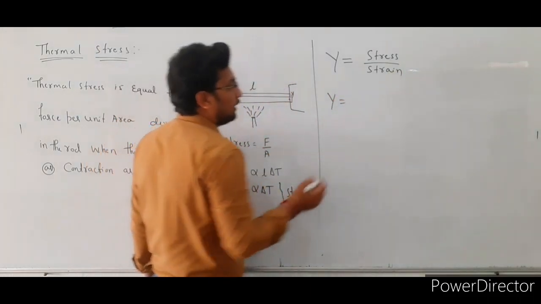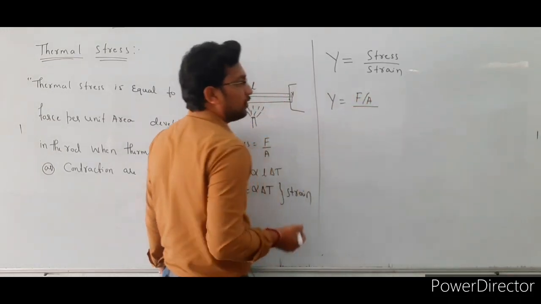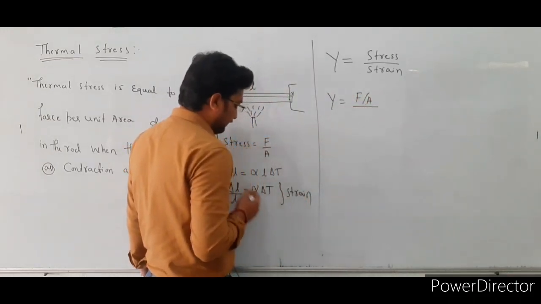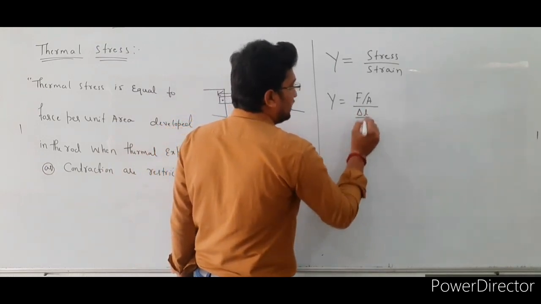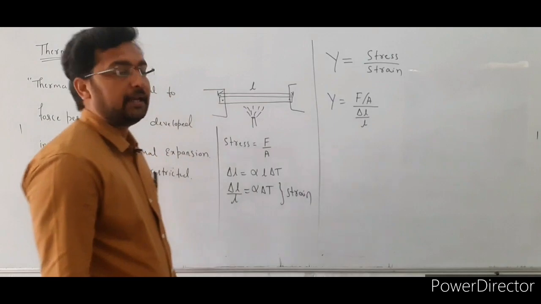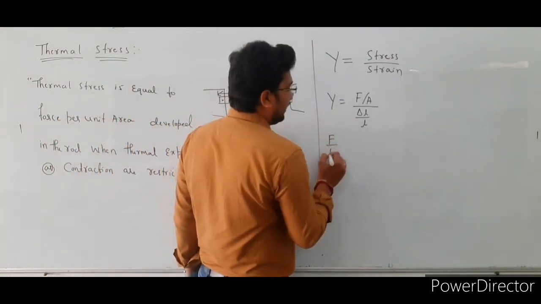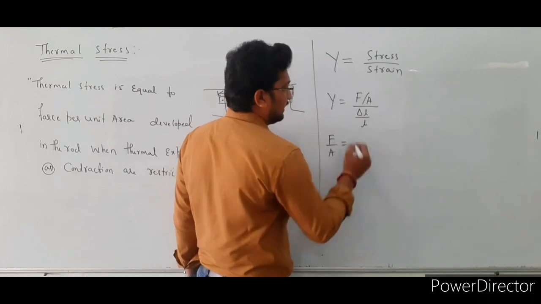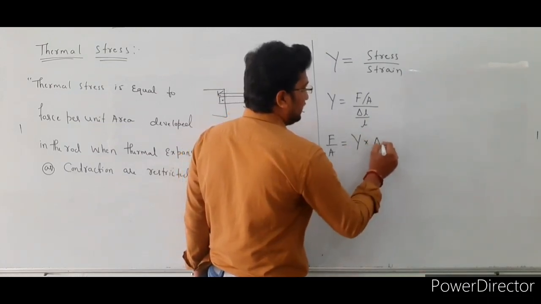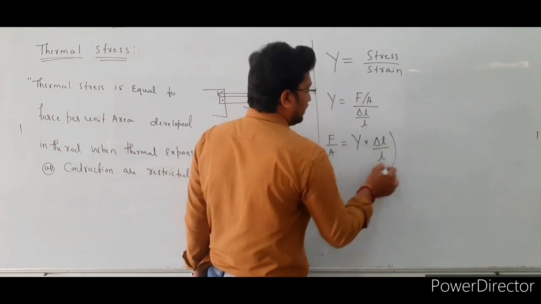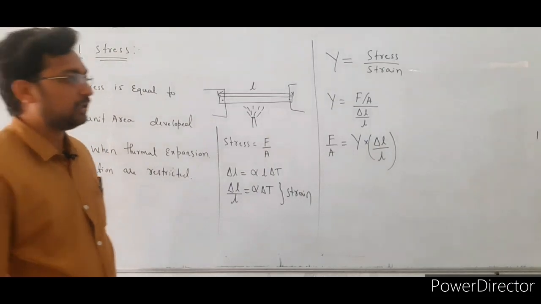The stress is nothing but force per unit area, and strain is change in length by initial length. So from this relation, force per unit area is equal to Y into change in length by initial length.